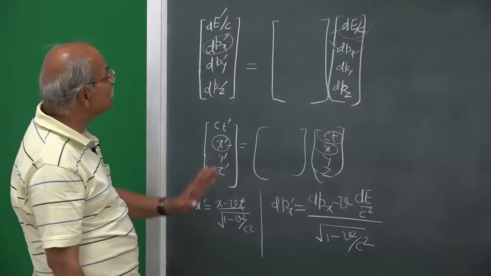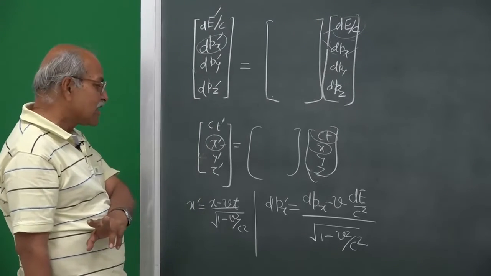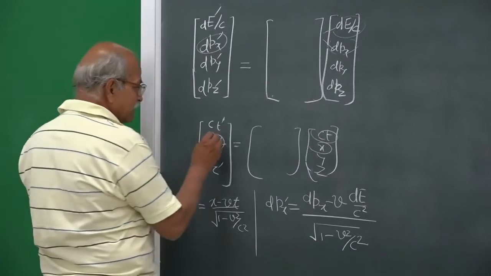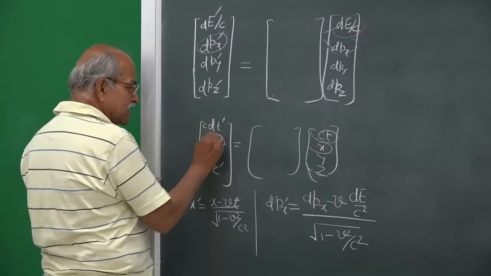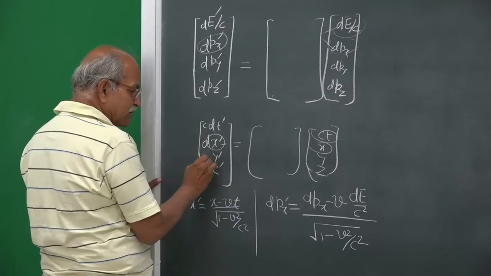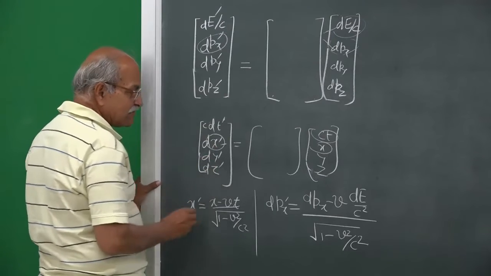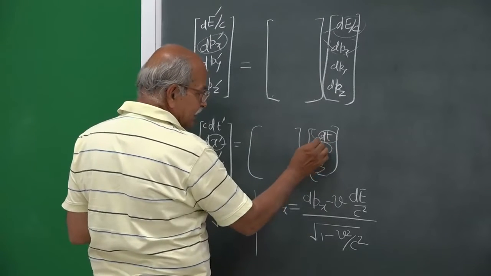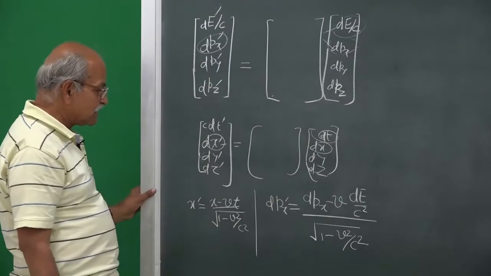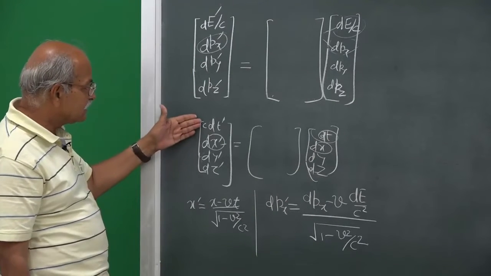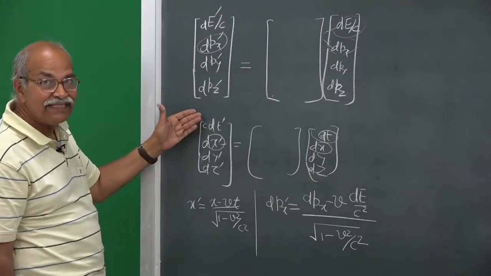And how will dt prime transform? Very simple. You can take again the differences: this will be C dt prime, then dx prime, dy prime, dz prime, and this will be C dt, and then dx, dy and dz. And you know the transformation of t prime, or dt prime.